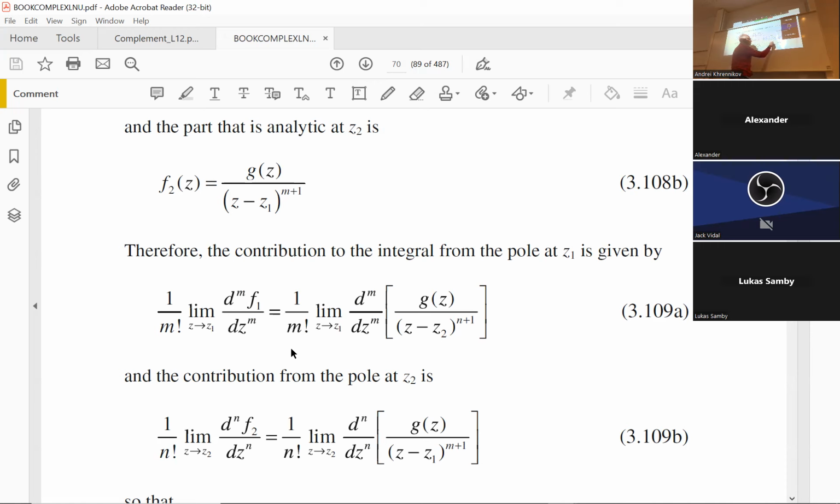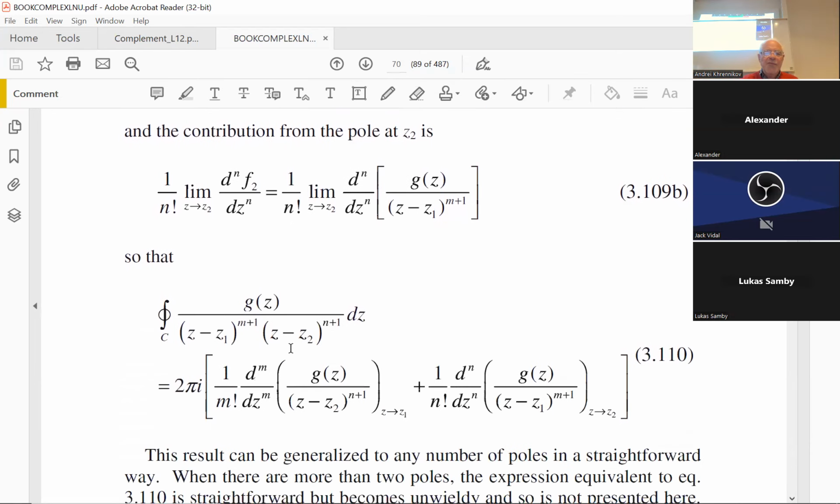So either you can take a contour which contains 2 poles, or some contour which contains only 1 pole, for example, this contour, or some contour which contains only this pole. So this is the machinery for these integrals. Good.